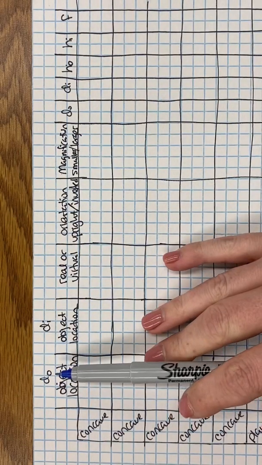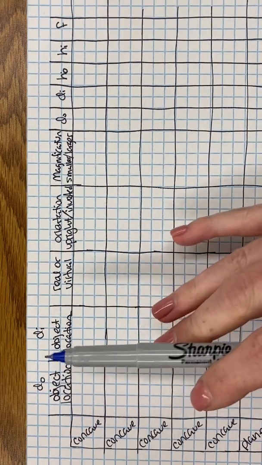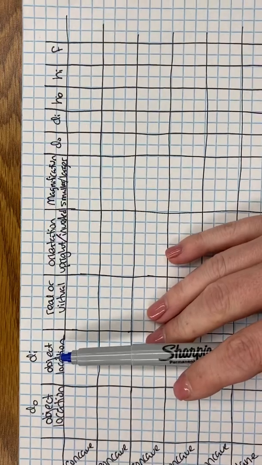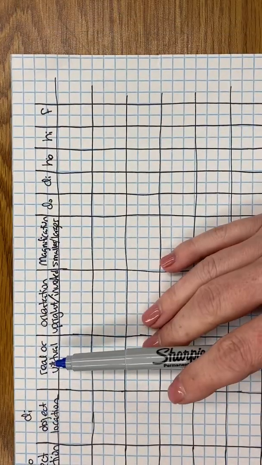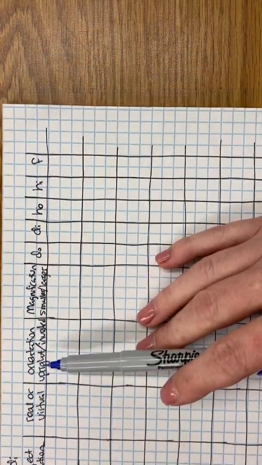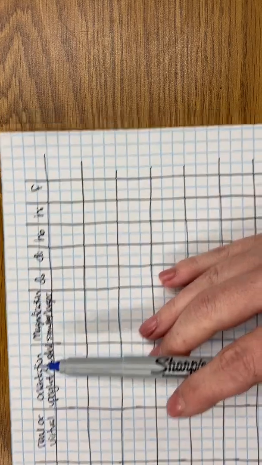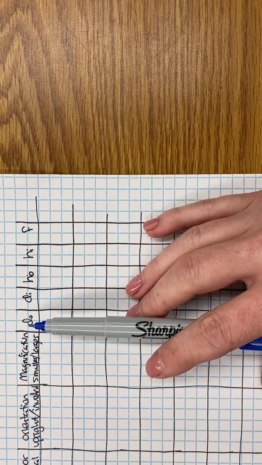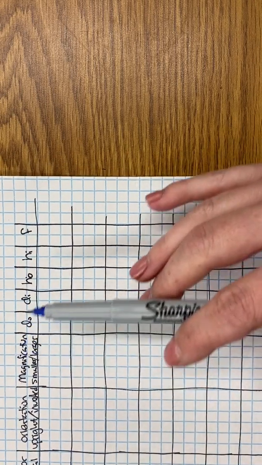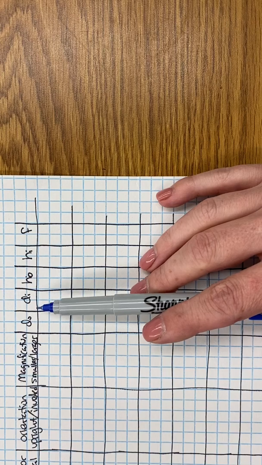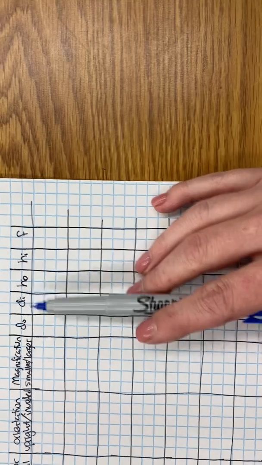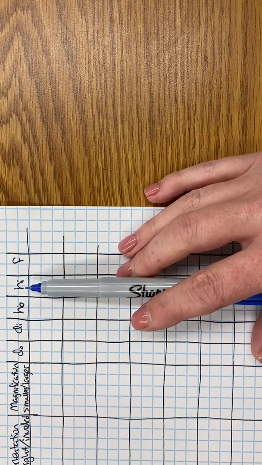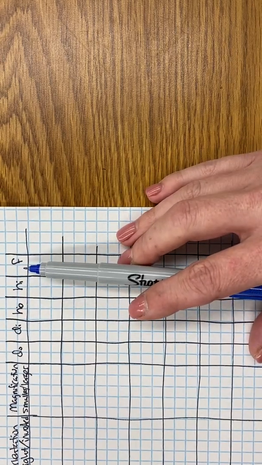And the distance of our object, or our object location, our image location, if the image is real or virtual, if it's upright or inverted, if it's magnified or enlarged or the same size, if the distance of my object is positive or negative, if the distance of my image is positive or negative, the height of my object is positive or negative, the height of my image is positive or negative, and the focal length is positive or negative.